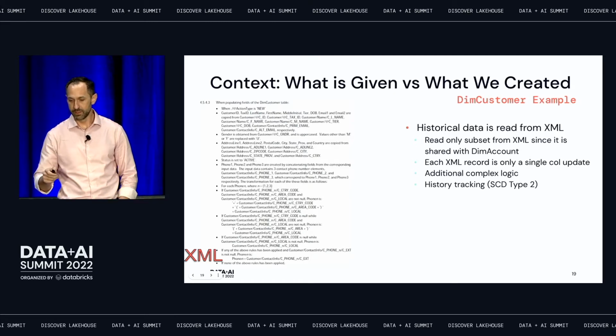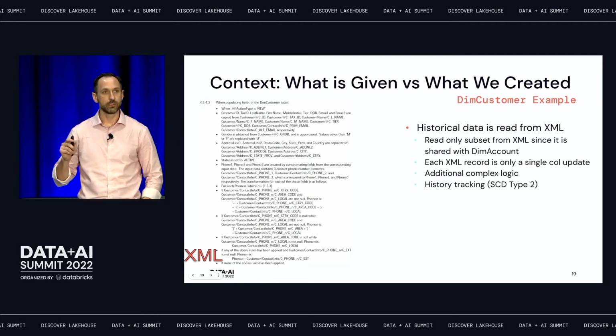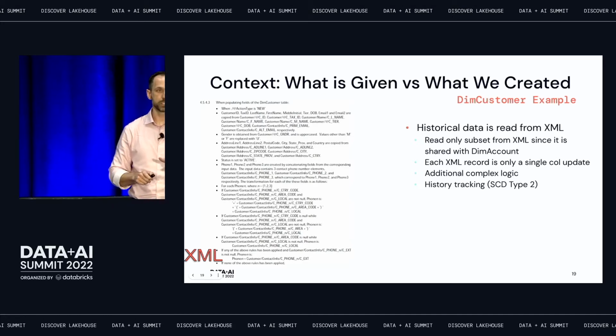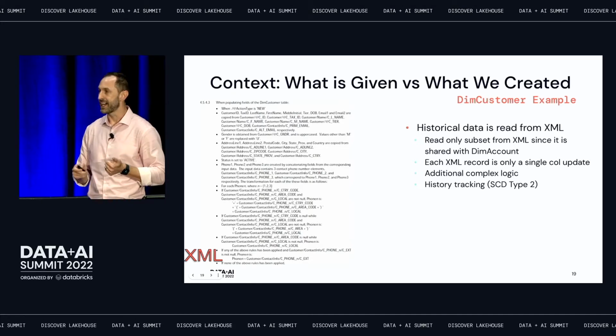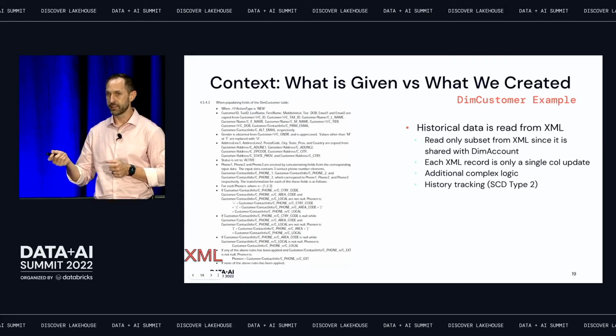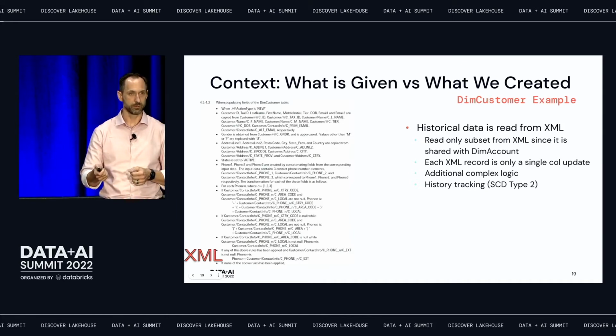The historical data is coming in an XML file, all right? You actually read only a subset of that XML file since it's shared with another table. Each XML record is only a single column of that customer's record, and you have to coalesce it with all the previous records, okay?